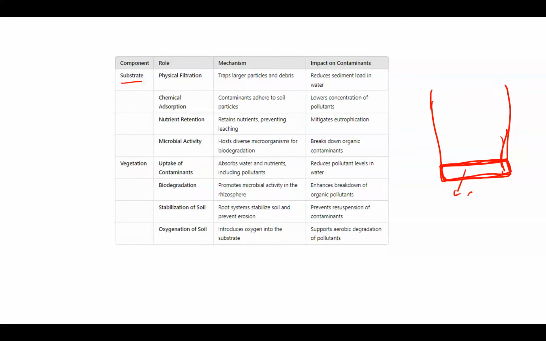For example, it's soil. This is called the substrate. It's the bottom part of the wetland ecosystem, whether constructed or natural, the bottom solid media. That is called the substrate. Okay.